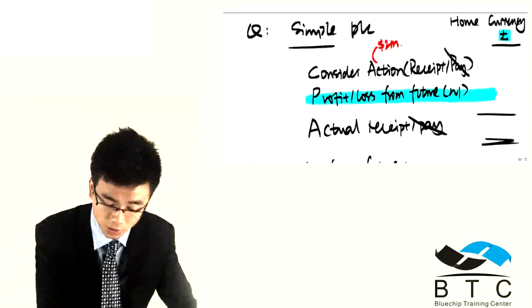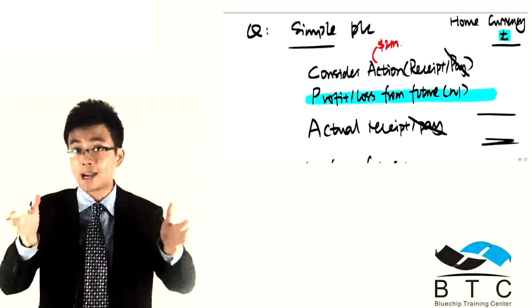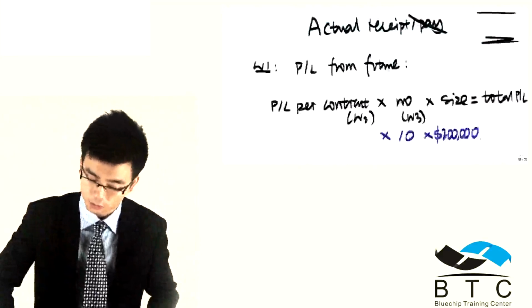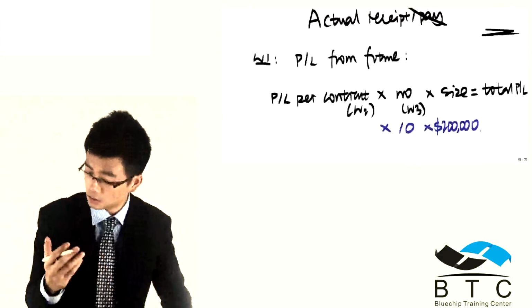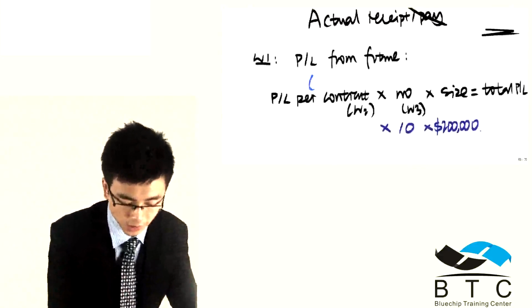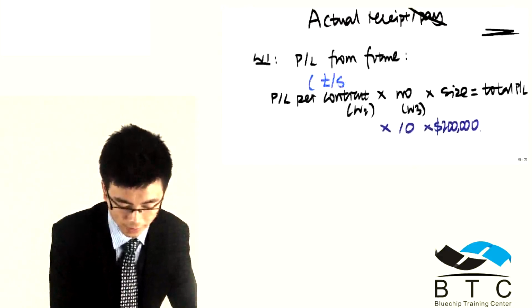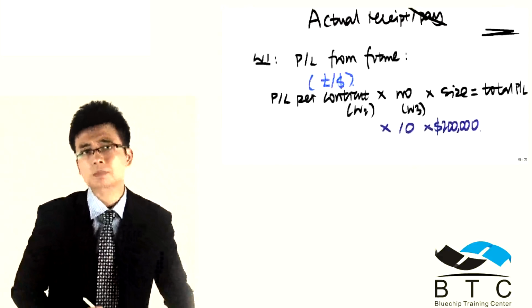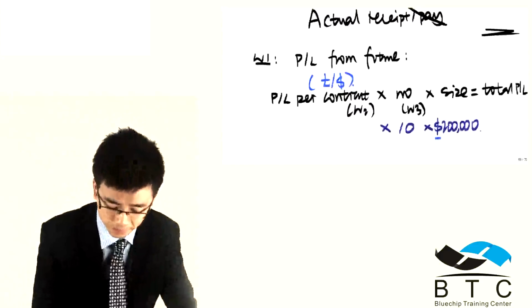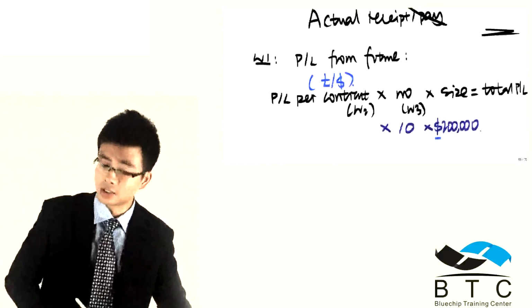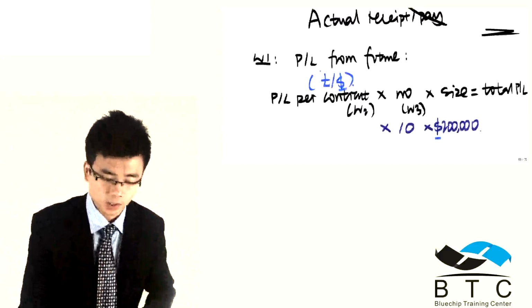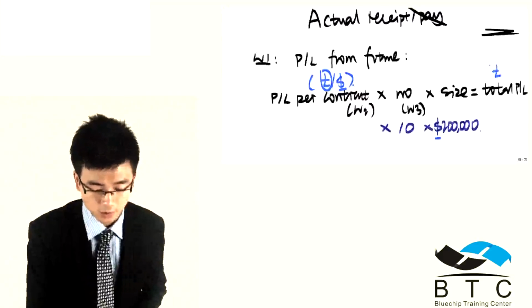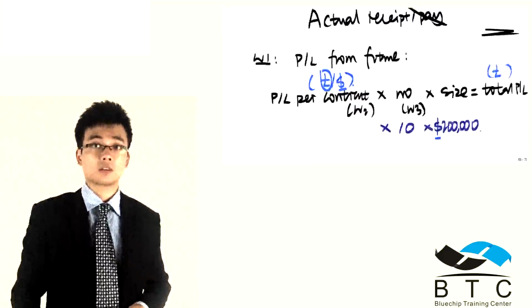You need to calculate the profit losses from the futures market in UK pounds, not in dollars. So from that perspective, we need to calculate the profit losses per futures contract denominated in the UK pounds to dollars. So you can see here, the size of it is in dollars, and then netted off with the dollars, so that it gives us the total UK pounds for the total profit loss.